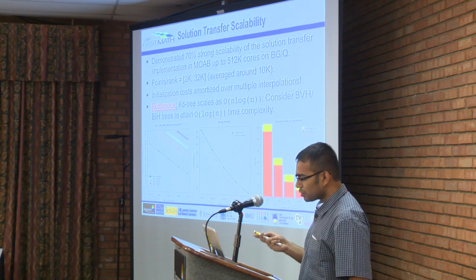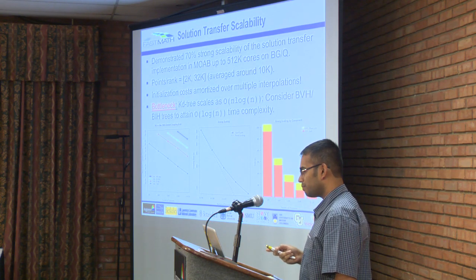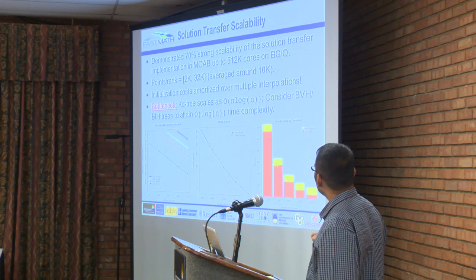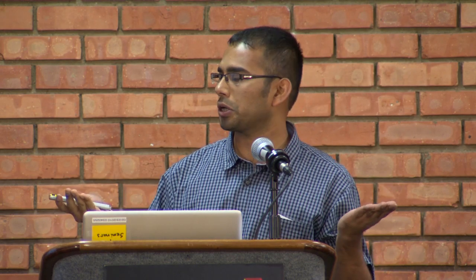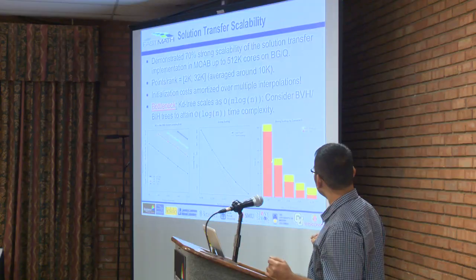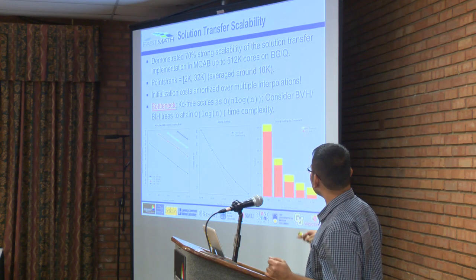But the advantage, or sort of the pros here, is that the setup is typically done once. So if you're using static meshes on two different physics, so you know what your source mesh and target mesh are, you can actually perform the setup once, and so that kind of gets aggregated.